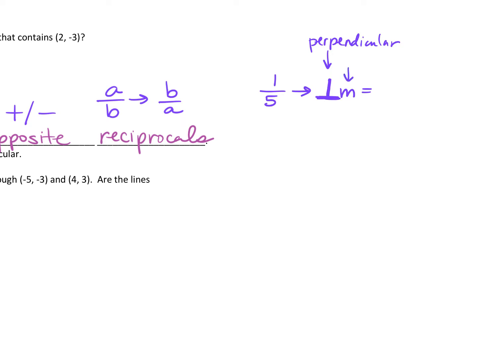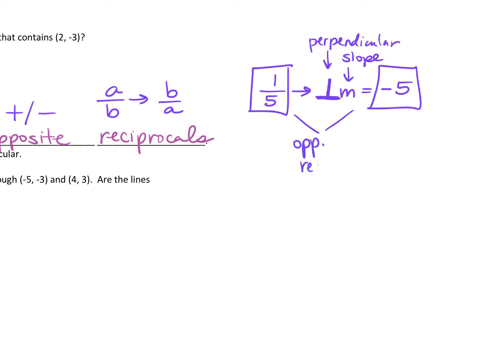So I'm saying the perpendicular slope from 1/5. If I have 1/5 and I want to make it the opposite reciprocal, what's the opposite of 1/5? The opposite is a negative 1/5, right? And then we flip it over. So a -5, right? These two numbers are opposite reciprocals.